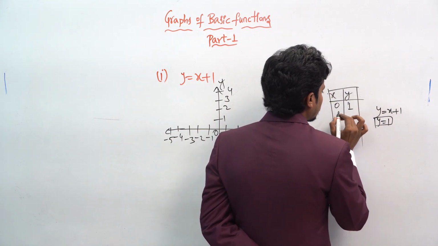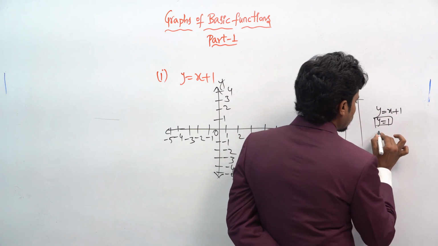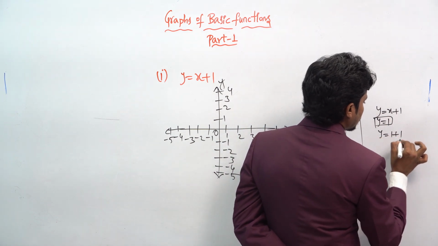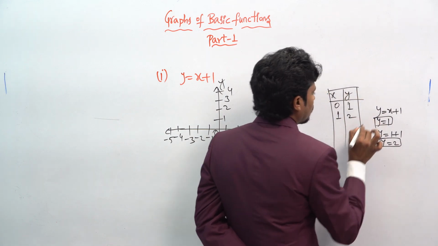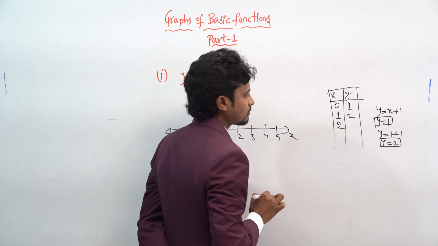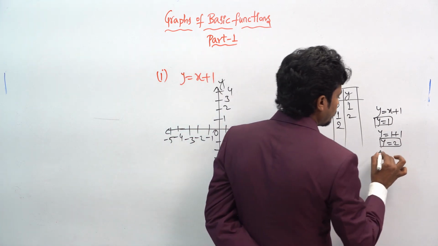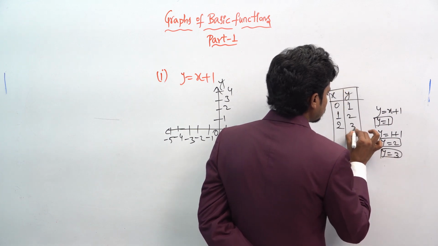If I want to take 1, what will happen? Y is equal to 1 plus 1, y is equal to 2. And similarly, if you take x as 2, y becomes 3, 2 plus 1, that will be 3.